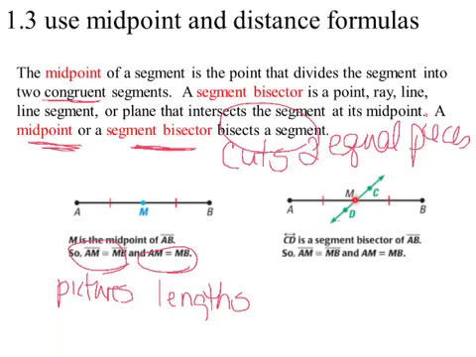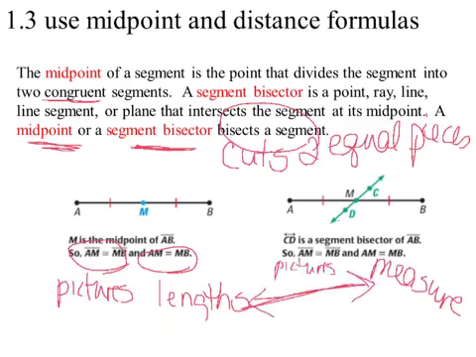Segment AM is congruent to segment MB, or the measurement of AM is equal to the measurement of MB. Measurement is the length. Pictures are congruent, lengths and measurements are equal.